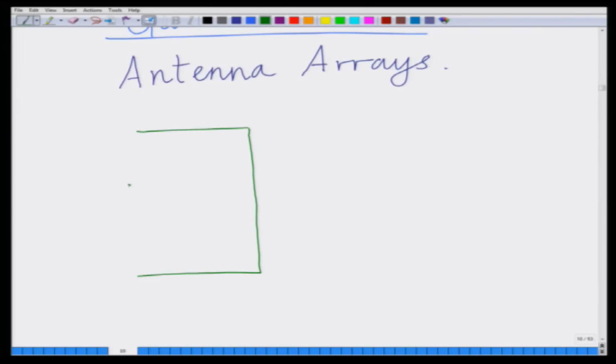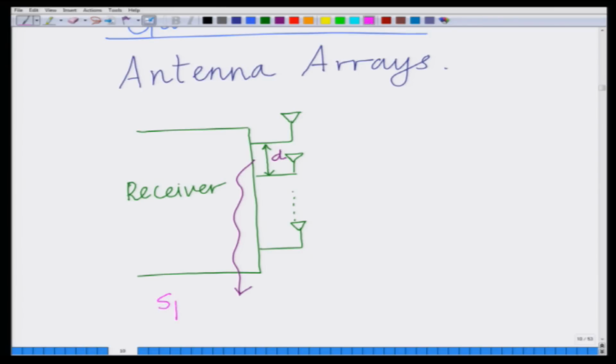So, what I am drawing here is a wireless receiver with multiple antennas, such that these antennas are arranged linearly, and the spacing between antennas is constant, equal to d.